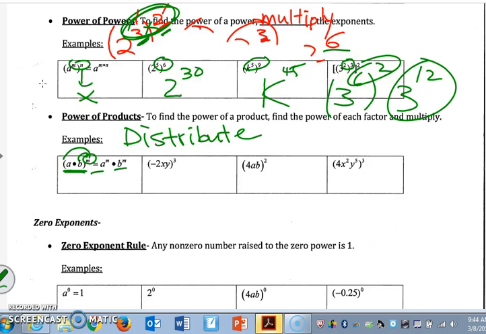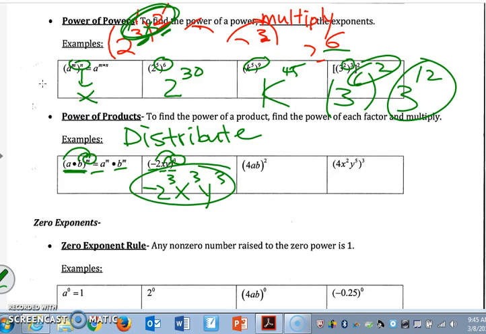Let me show you with these examples. So you have negative 2, x, and y. There's 3 items, and then you have big parentheses around them and a 3rd power right here. So circle that and multiply to this, this, this. You distribute the powers. So right here, this means negative 2 to the 3rd, x to the 3rd, y to the 3rd. So you just have to write that.